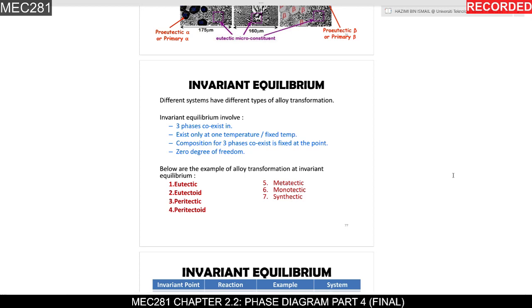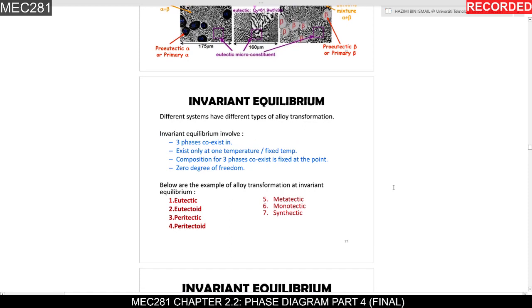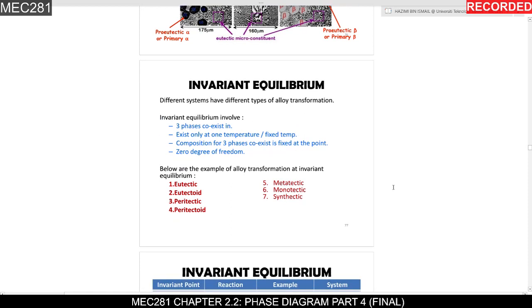So this is our last part, the final part for chapter 2.2. This is all about the invariant equilibrium. This is quite a complicated phase in the phase diagram.